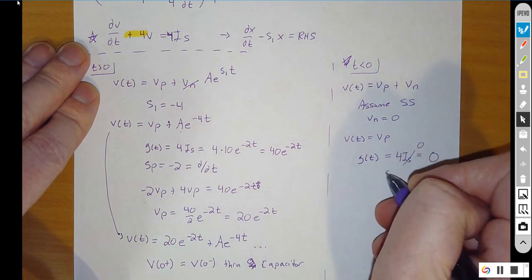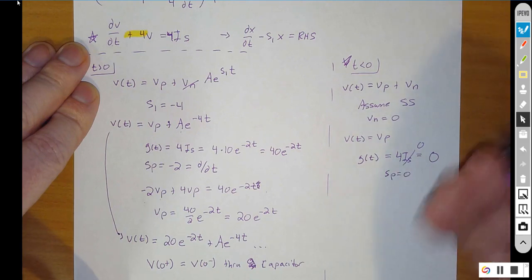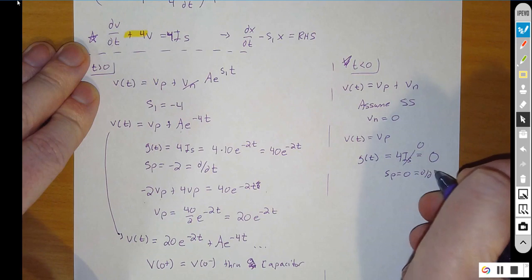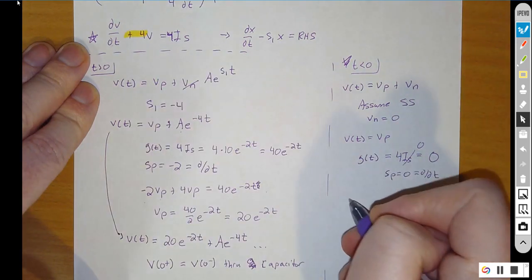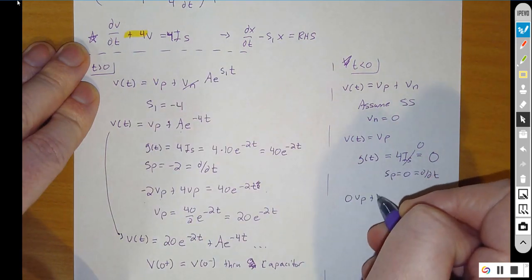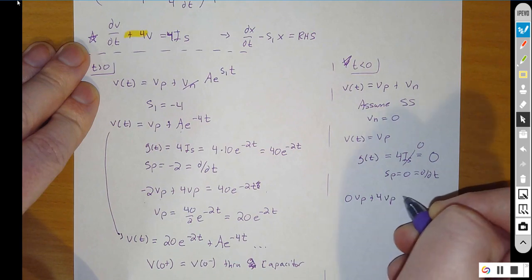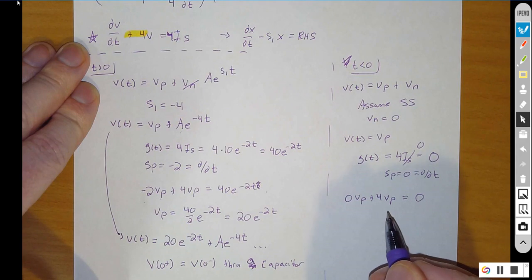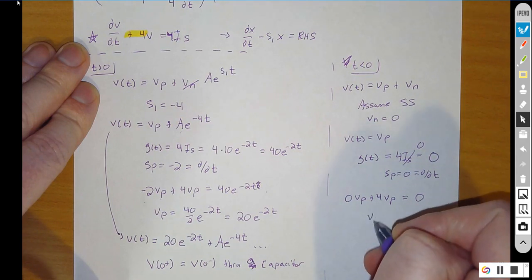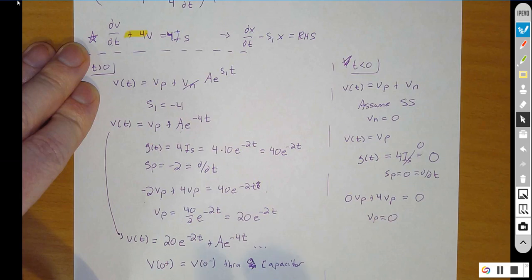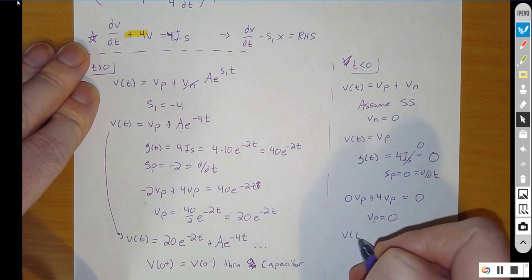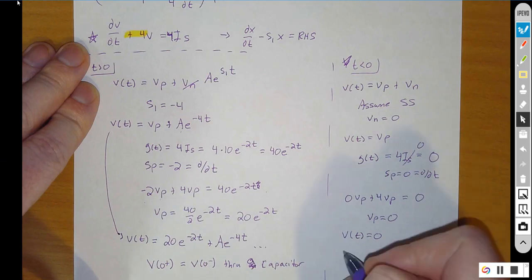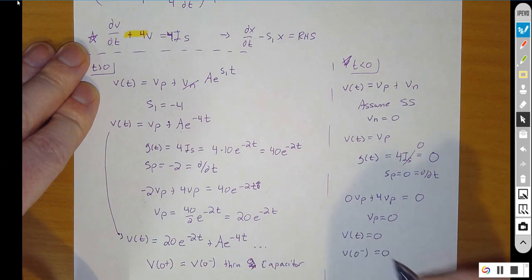So therefore V particular is also equal to 0. If I go through the long form here, I get 0 V particular plus 4 V particular is equal to 0 on the right hand side. You do some math, you find out that V particular is 0, which means that V of t is 0 for all time t, including V of 0 minus.